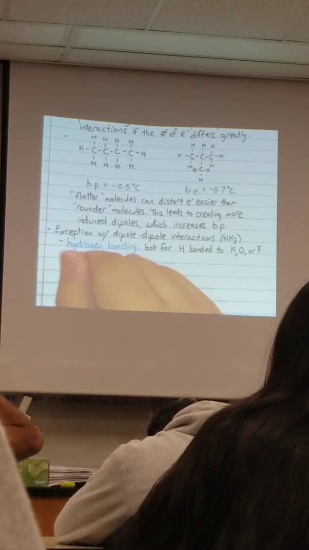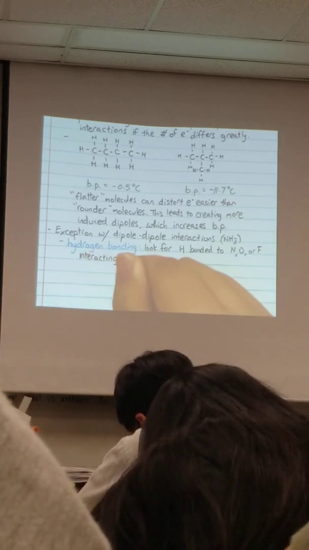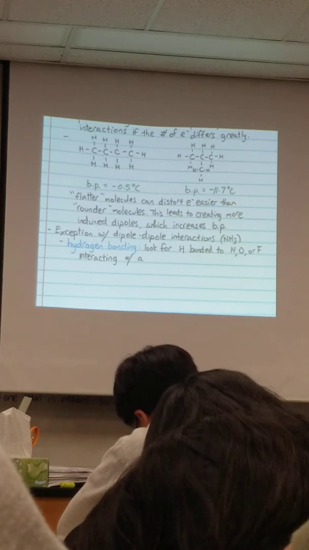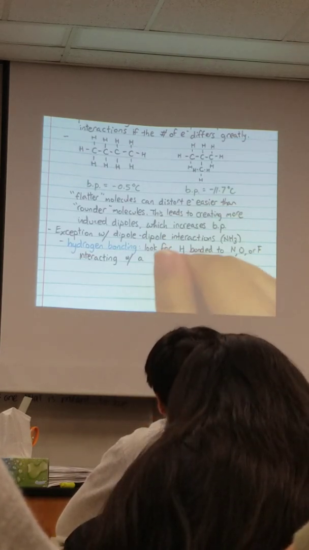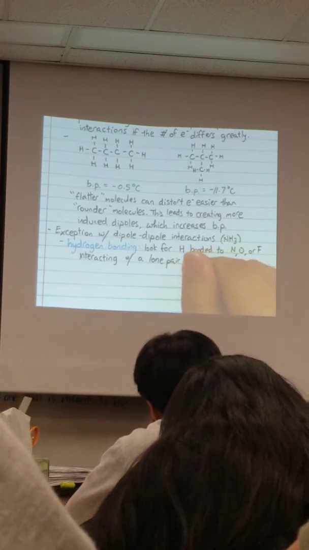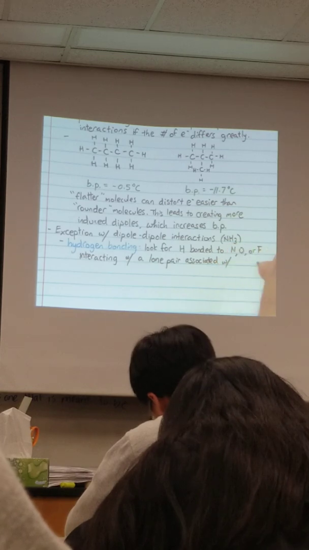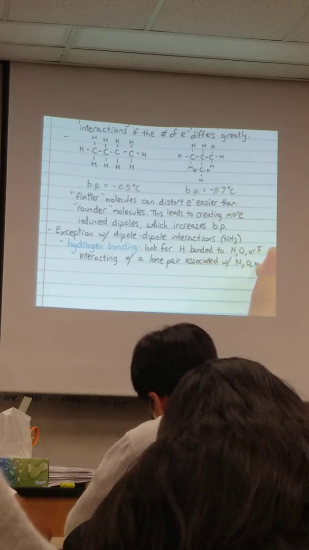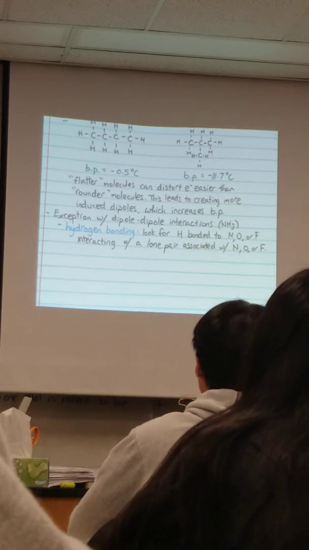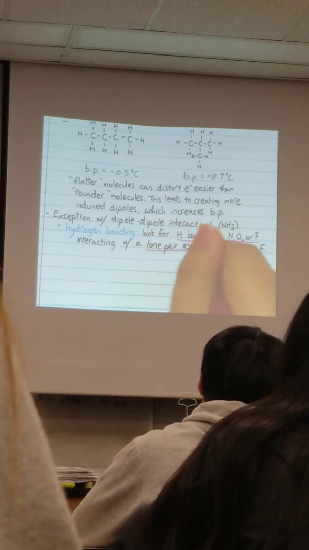And then we need an interaction, so I'm going to put interacting with. And here's criterion number 2: lone pair associated with N, O, or F. Again, the 2 items that need to be met are here and here.